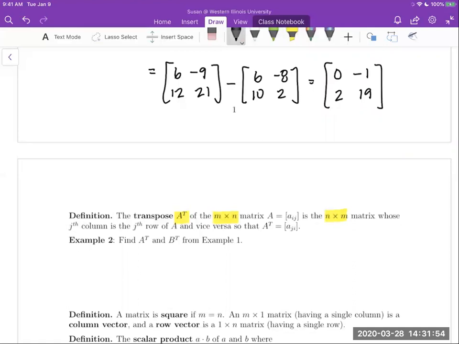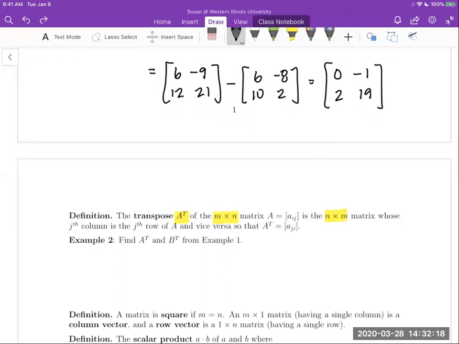So you'll notice in this notation here, where A was originally denoted as the matrix with the entries Aij, now its transpose is the matrix whose entries are Aji. So we're just literally flip-flopping rows for columns to get our transpose.